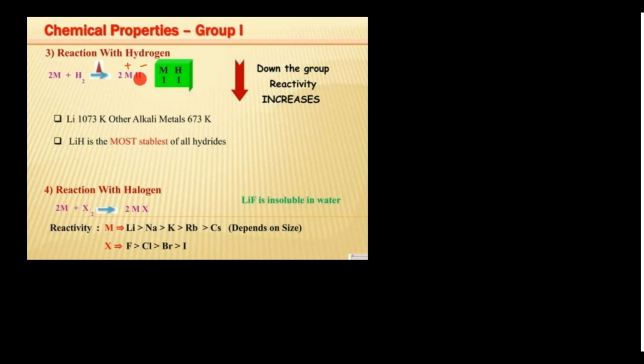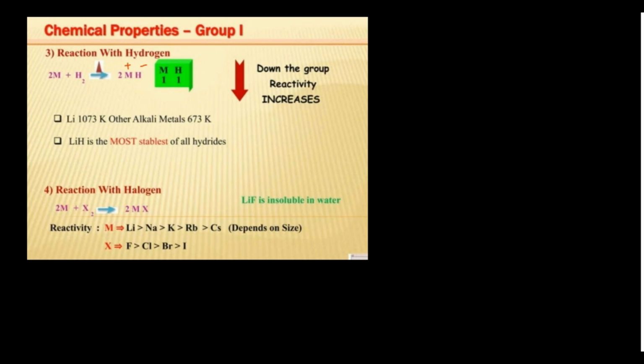Hydrides of such type, like MH, like LiH, NaH, KH, except francium, while all other hydrides are generally colorless crystalline ionic solids. And why are they ionic? Because I already told you, hydrogen is negatively charged and the metal is positively charged, so it is ionic in nature. So the hydride ion is present in the crystal lattice.